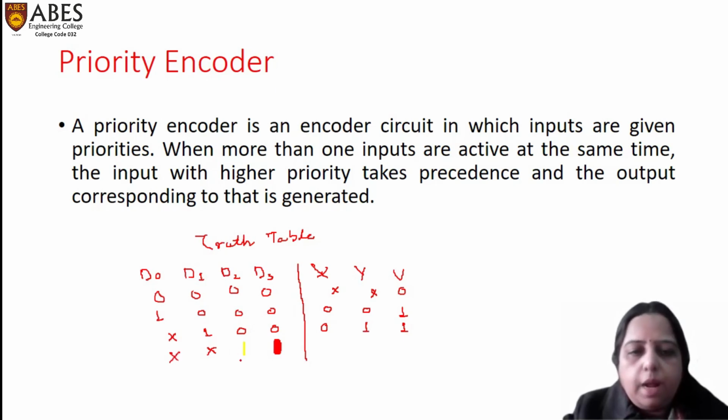So we would be giving priority to D2 instead of D0 and D1, and D3 will again be 0. And X and Y, in this case, will be 1, 0, and the valid bit will again be 1.